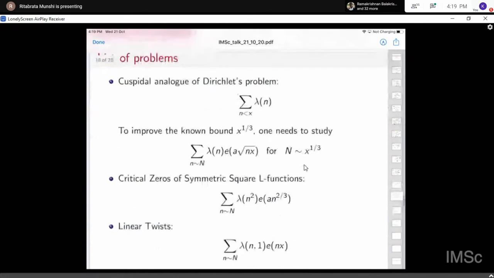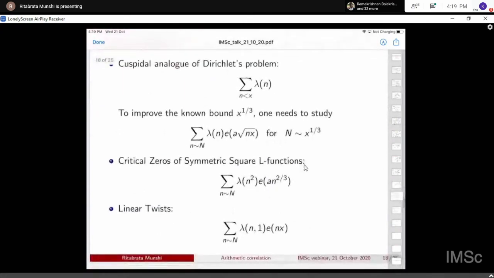You can also look at the cuspidal analog of the Dirichlet problem, which is trying to bound this sum with a sharp cutoff. So you're taking all n's up to x and no n's after that, and whatever you're taking, you're counting them with weight 1.